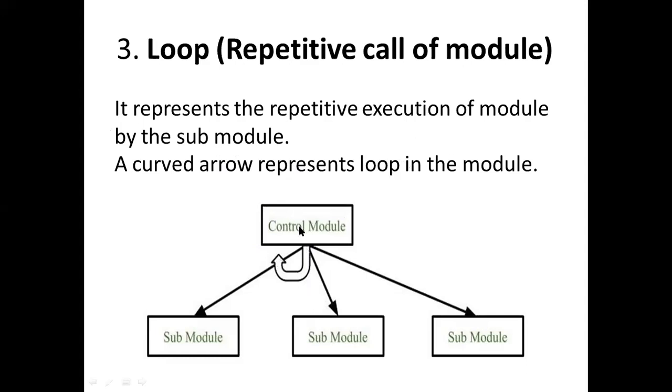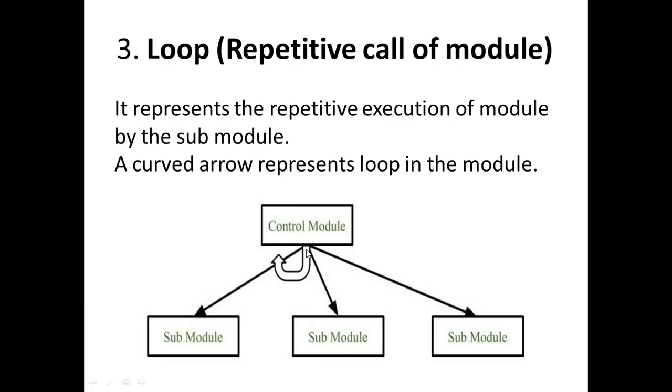Okay, so this is the control module. Control module means the programmer is going to control his program with the help of this control module. The condition, or we can say the data, will flow from this side, but first it will check the condition. Earlier we have already seen this, but in this case it is the repetitive call, because it is again coming to this side.